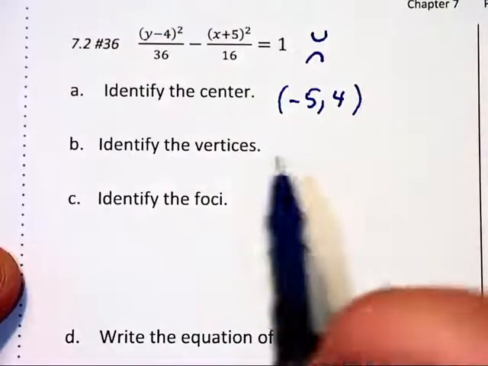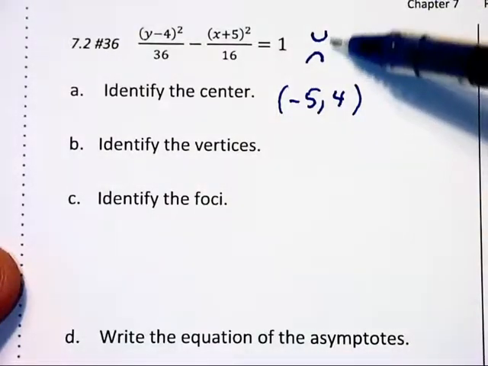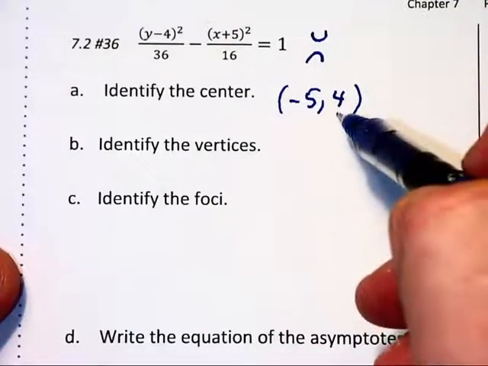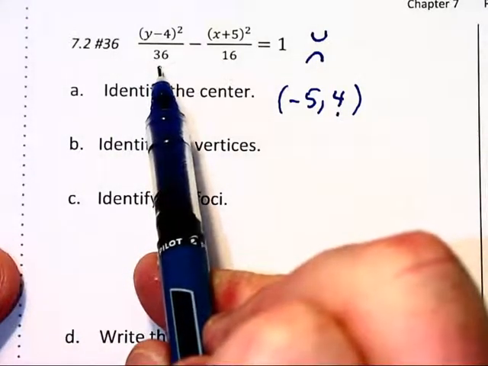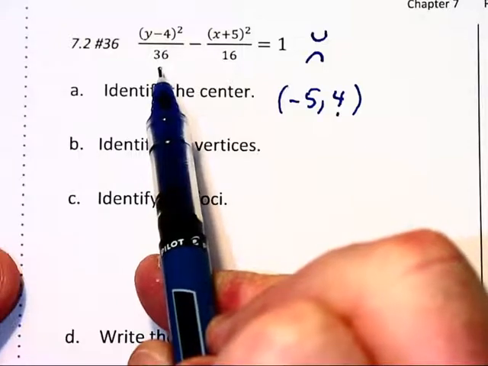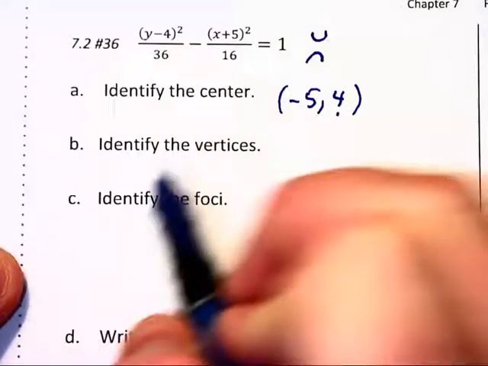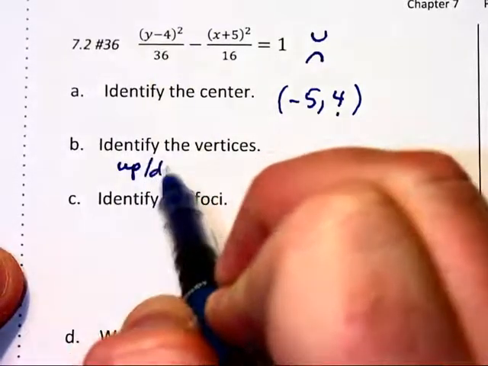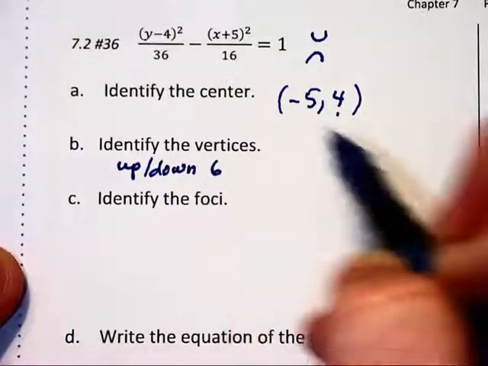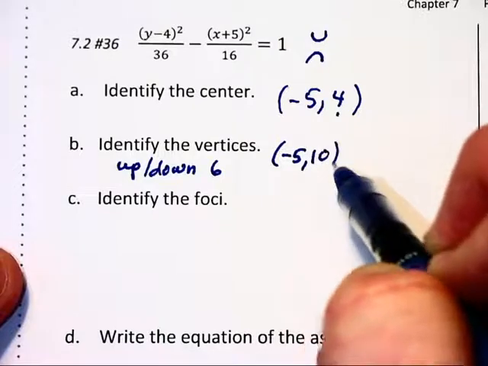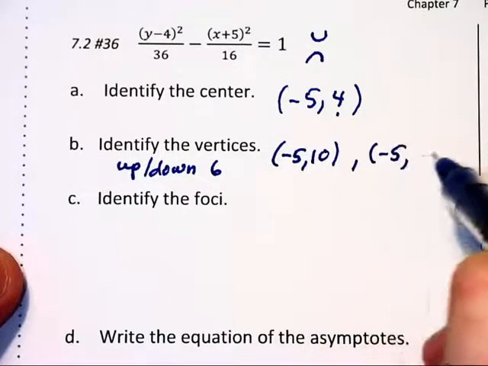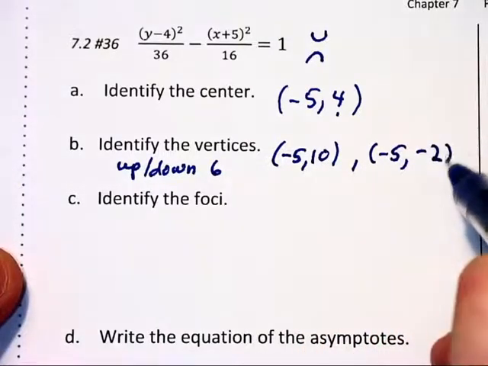The vertices will be above and below the center this time, which means to that 4 we will be adding and subtracting 6 because of the square root of 36, and that y fraction is 6. So let me just write down here, up and down 6, and that gives us -5, 10 and -5, -2.